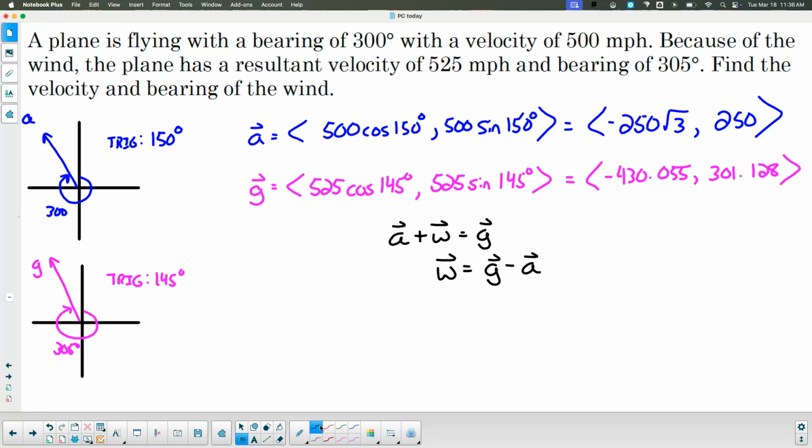So my vector W is going to be, so that was for me, G minus A, 2.9579, and 51.1276 for my wind vector.